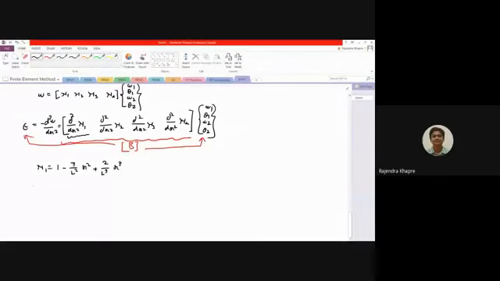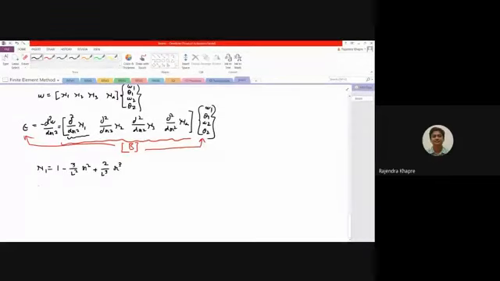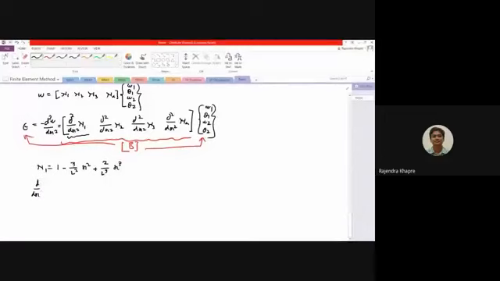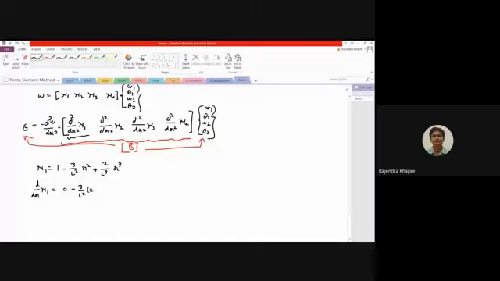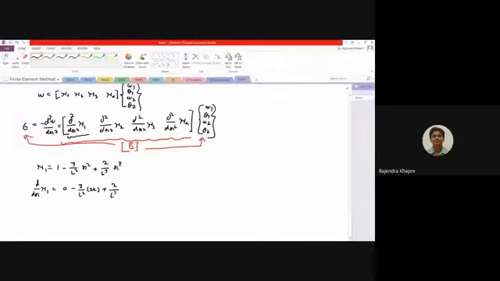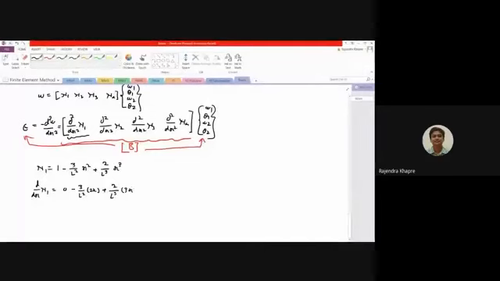Now if you go for d by dx of N1, this will become 0, minus 3 upon L square into 2x, plus 2 upon L to the power 3 into 3x to the power 2.